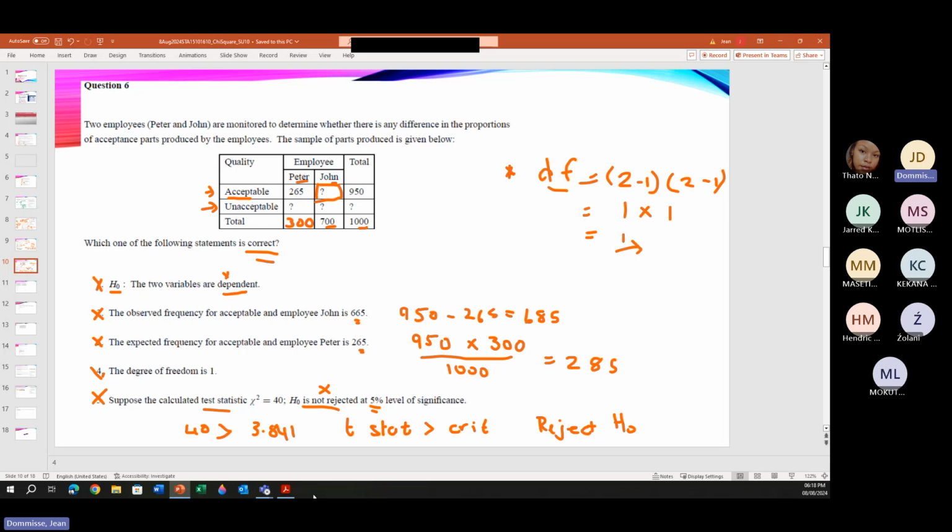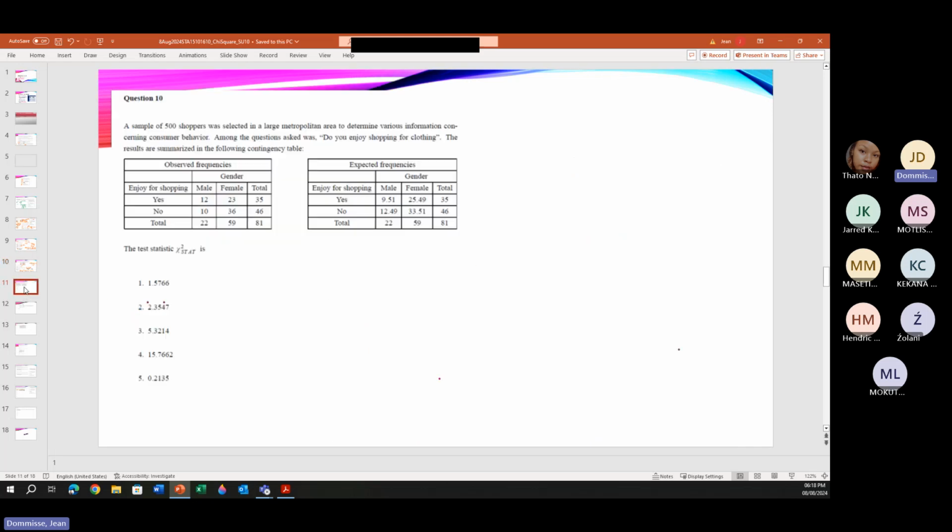It might be that one of the other options is that you need to work out the observed or the expected. So it's always good to work these out. Every time we will go through the list in any case.